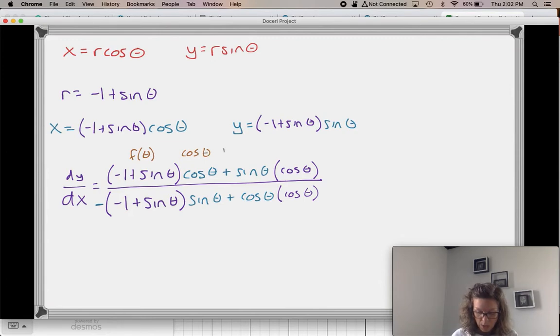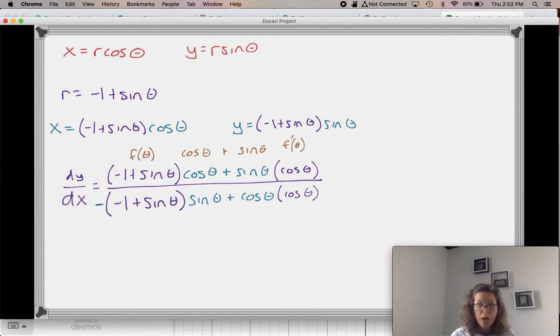And then we have plus a sine times our derivative of our function, right? Because that purple cosine came from being the derivative of the purple.